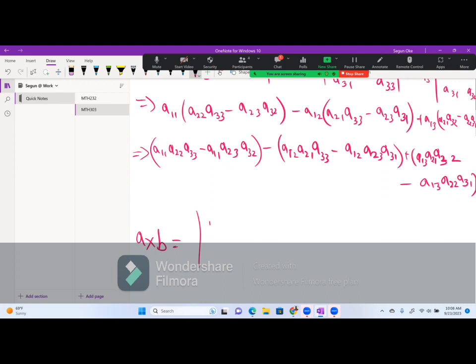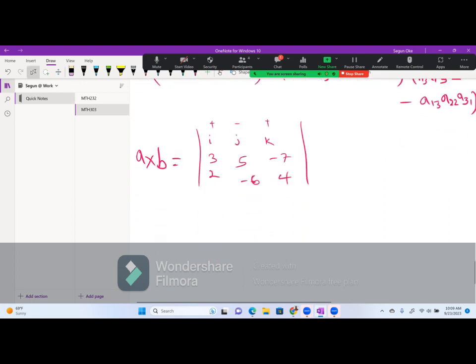A cross B, we have i, j, k, positive, negative, positive, right? Yes, sir. 3, 2, 5, minus 6, minus 7, 4. So I can solve this one by saying, if I pick i now, all the row will be paralyzed.